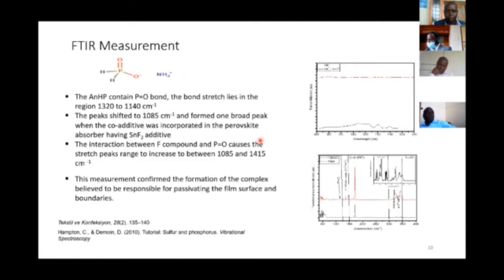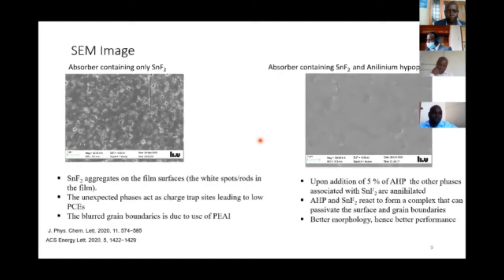Now, what happened is that we alleged that this AHP will be reacting with the tin fluoride, which is forming these other phases on the surface, to form some complex that can cover the surface of the film.